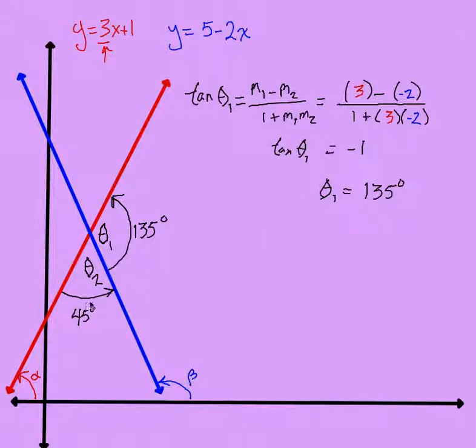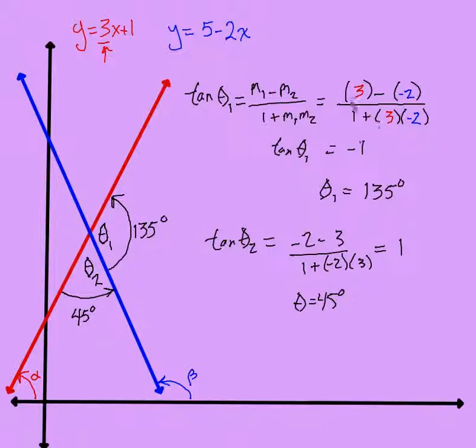And then notice if you had done this the other way around, if you had switched your m1s and m2s, you would have been finding tangent of theta 2, and that would then end up being negative 2 minus 3 all over 1 plus negative 2 times 3, which would then give you positive 1, and the inverse tangent of positive 1 is going to be 45 degrees.